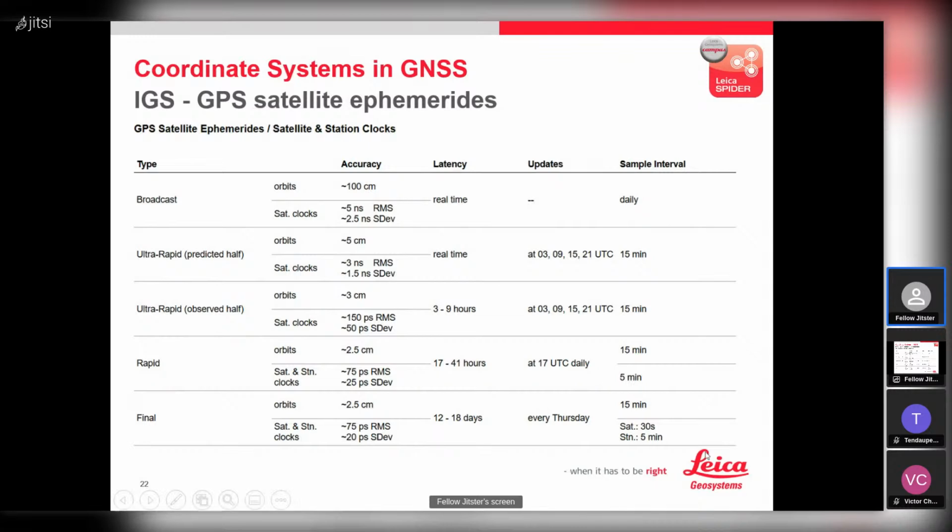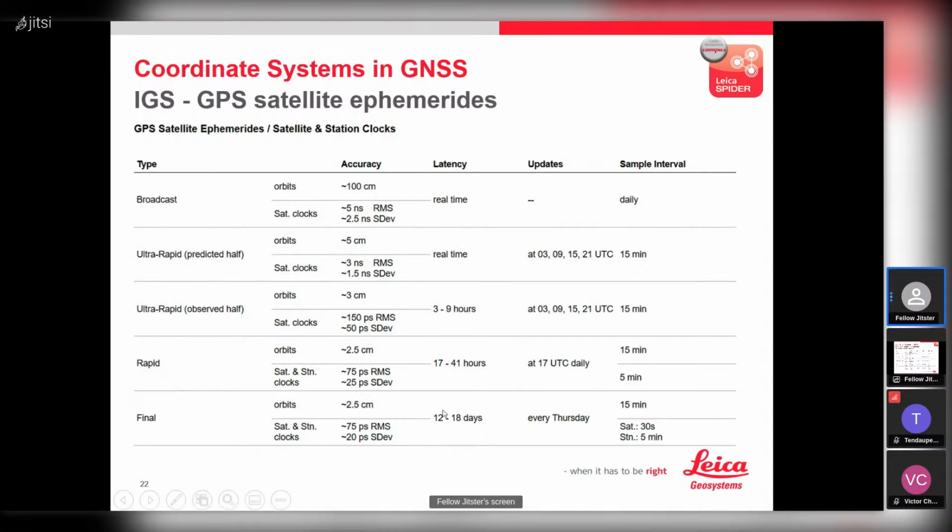This is one of the secrets why, when we do this kind of computation with analytical software like Bernese, the results are more accurate than if you use standard post-processing office software, which is used by standard surveying companies, for example. So this is very important when we compute coordinates of core stations.